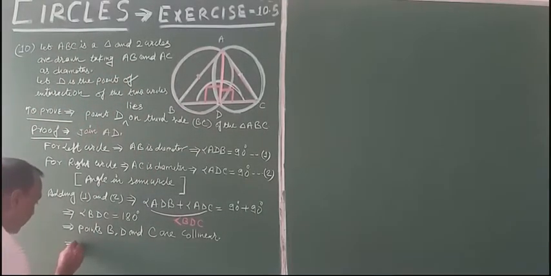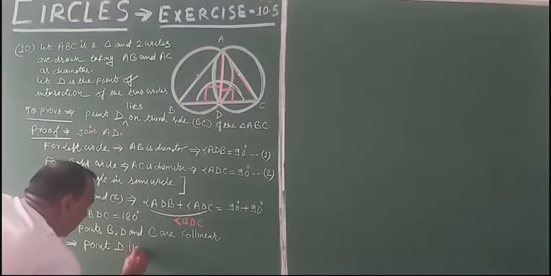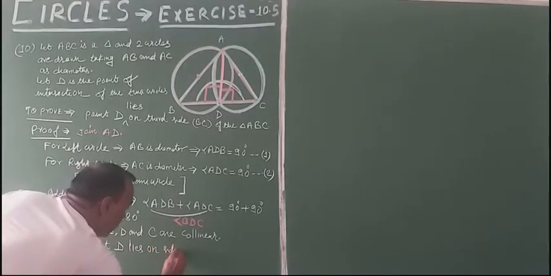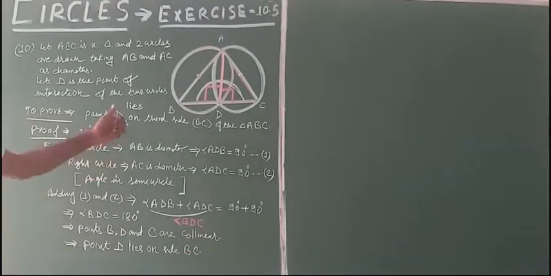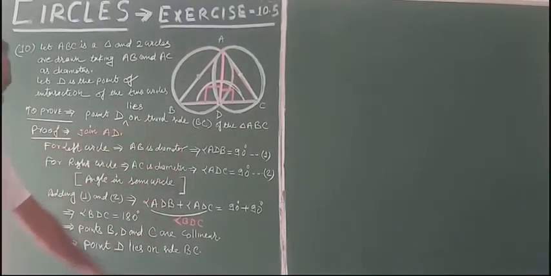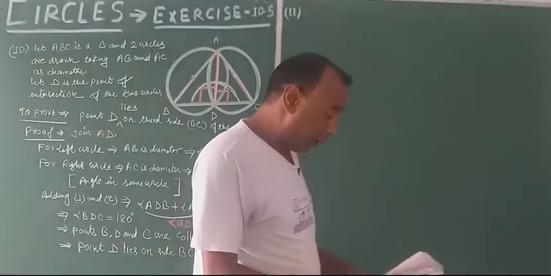And it will imply that point D lies on side BC, and this we had to prove. Is it okay?